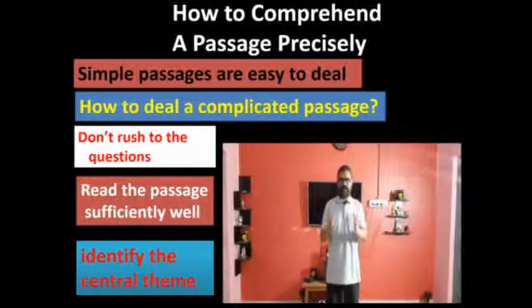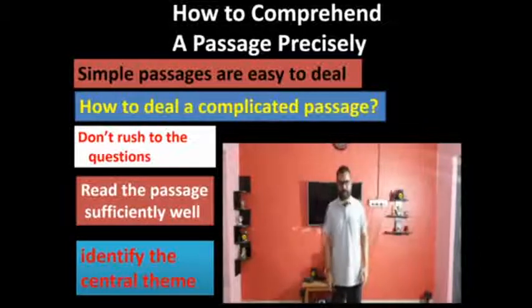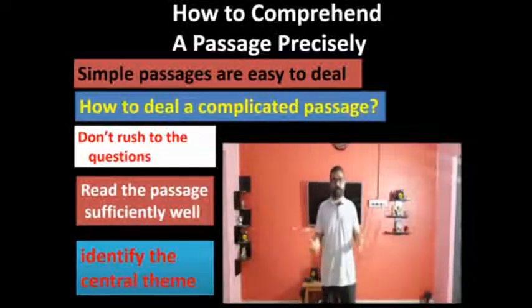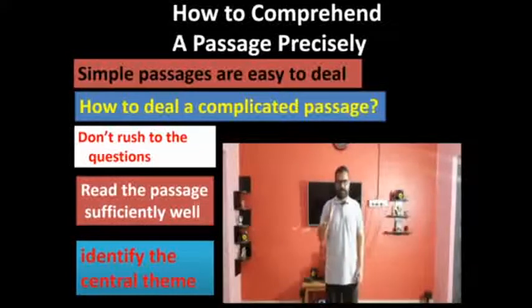When you read it 2 times, you will skim and understand the superficial idea of the passage, what we call the central theme. Whether it's about cricket, the sun, the climate, or Dhoni or something. So you need to read the passage at least 2 times before you start questioning it.